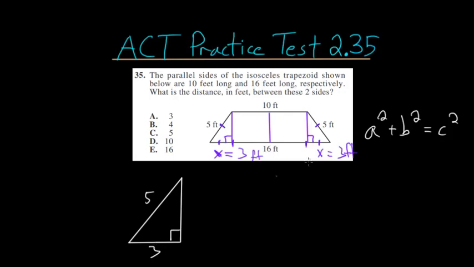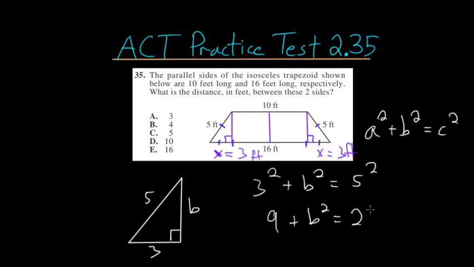It doesn't matter. So we have that 3 squared plus, I'll call this side b squared, is equal to 5 squared. 3 squared is just 9, plus b squared is equal to 5 squared, which is just 5 times 5, or 25. And now subtracting 9 from each side of this equation, we have that b squared is equal to 16.